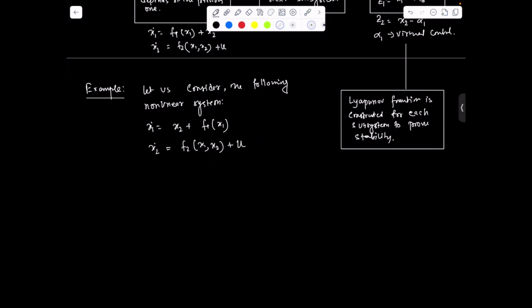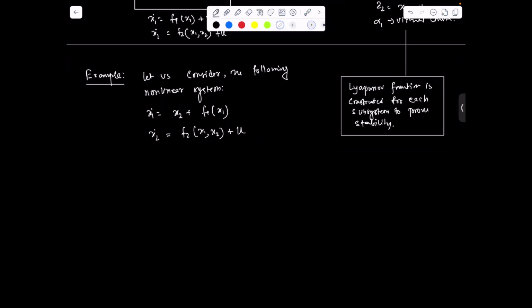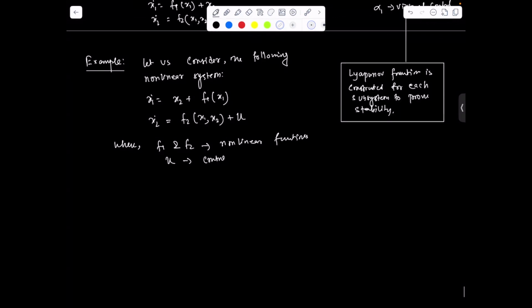Here f1 and f2 are nonlinear functions, and u is the control input.